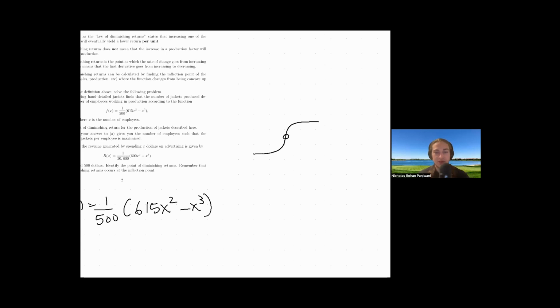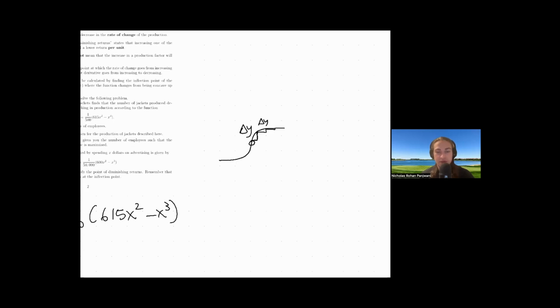That means for every x that you increase, the change in y continues to diminish. Again, the point of diminishing returns is where the second derivative is equal to 0.